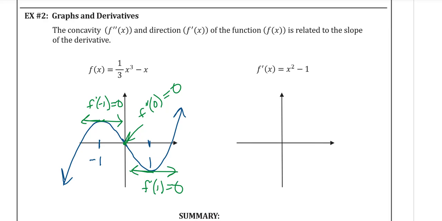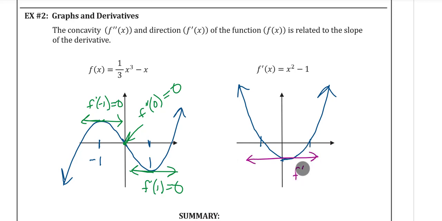Now, if we look at its derivative, here's what the derivative looks like. This is a parabola, like this. And here's how those points turn out. Now what you'll notice is where there's a horizontal tangent line of the derivative, that is its derivative.